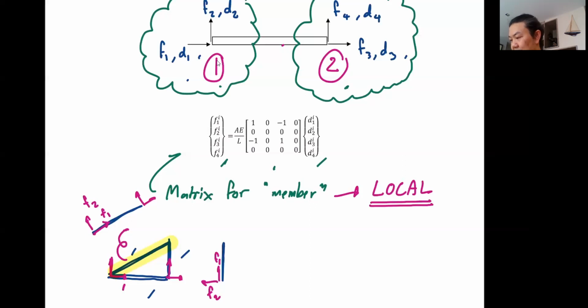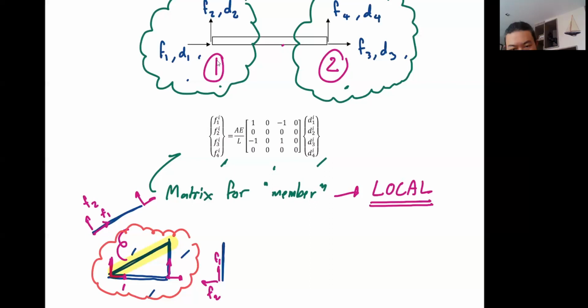That looks like this. In order to form the matrix for the entire structure, we need another important knowledge so that we could bring them all together as one structure, not just one individual member. Okay. For that, we need the system. What's the name?